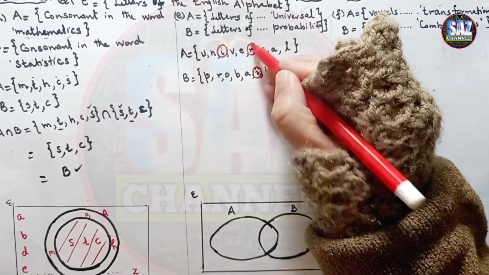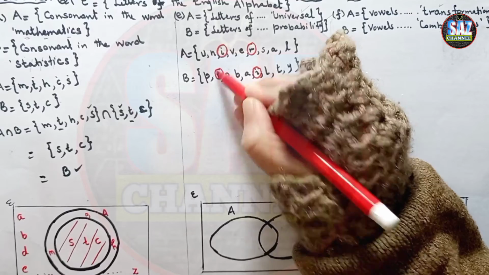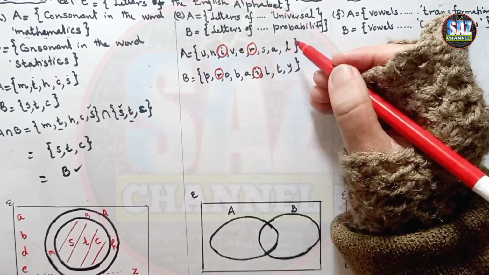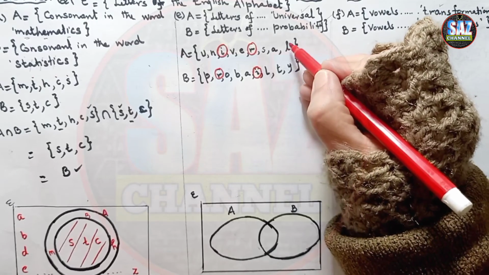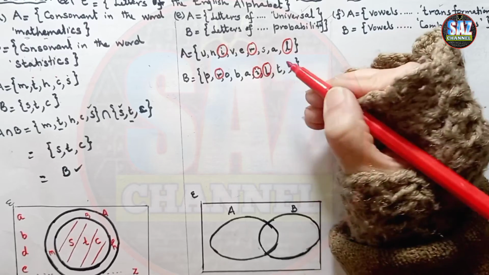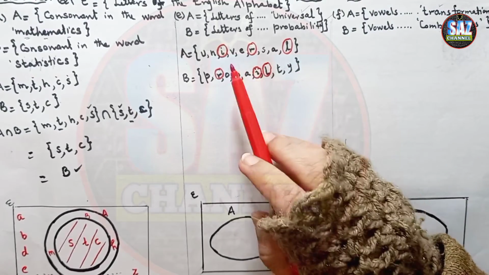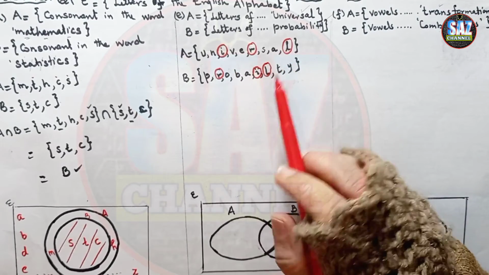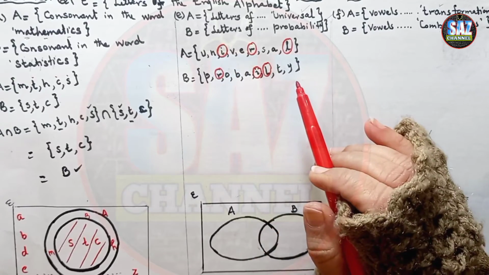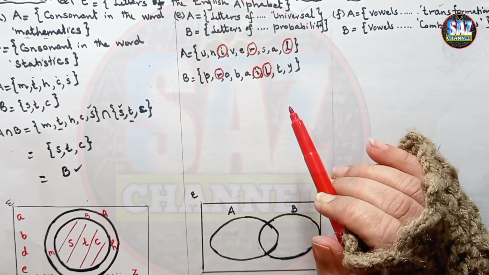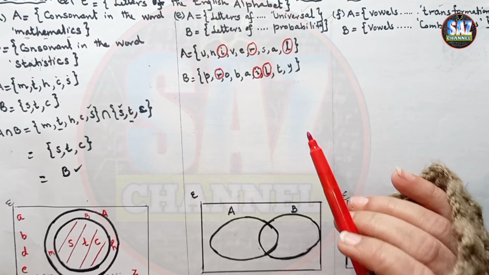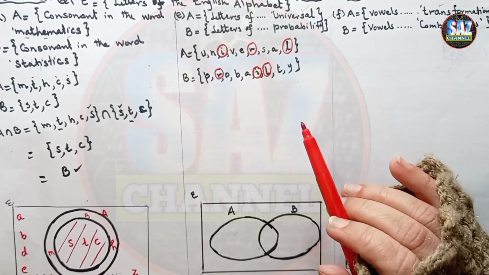So I can encircle this element as well, R, and then the next element which is coming at both the places is L. So we can see that I, R, L, these are the letters which are common in both the sets, and the rest of both the sets are having different elements.